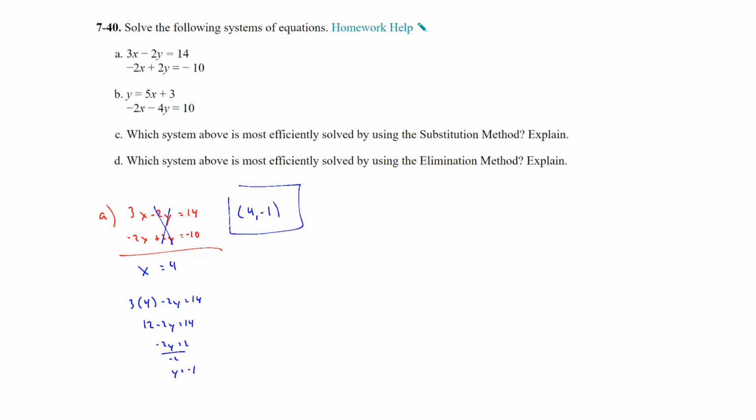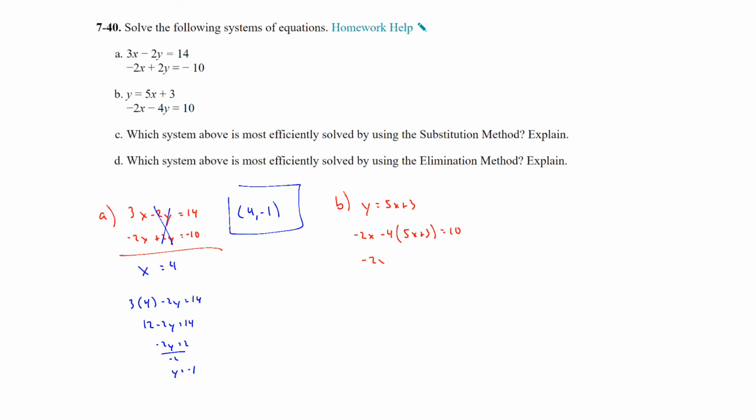On B, this one is set up for substitution because your first equation is y equals 5x plus 3. So we're going to take the second equation and replace the y value with 5x plus 3.